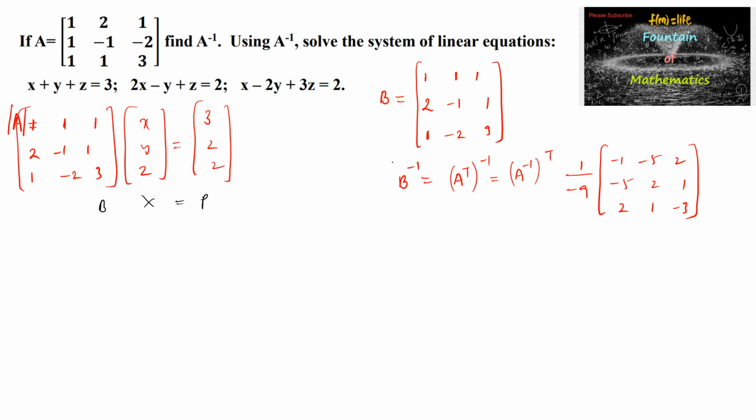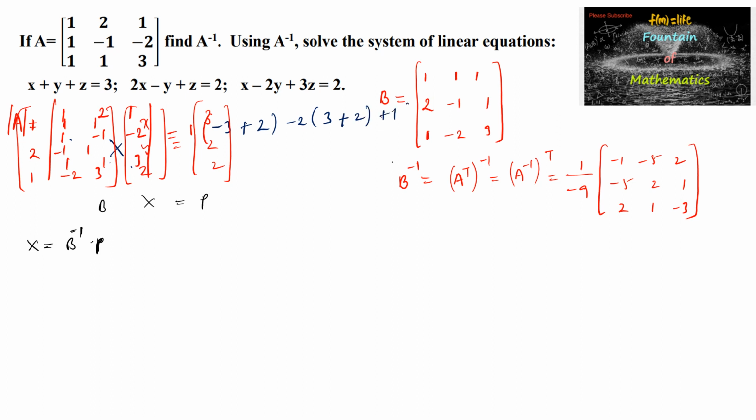Determinant of A is equal to the determinant of [[1, 2, 1], [1, -1, -2], [1, 1, 3]], which is equal to 1 times (-1 into 3 minus 1 into -2) minus 2 times (1 into 3 minus 1 into -2) plus 1 times (1 into 1 minus of -1).